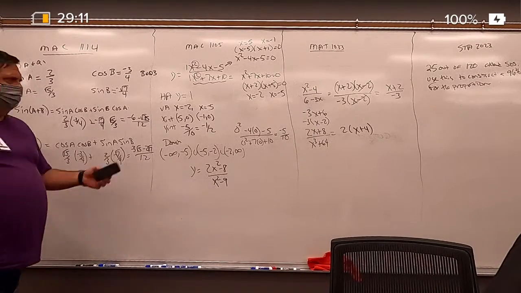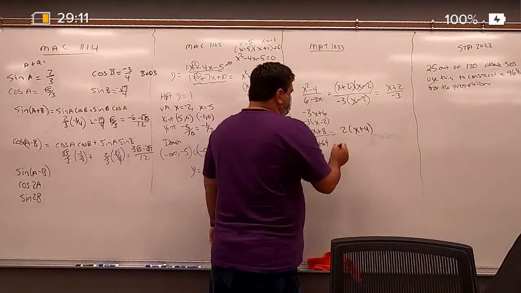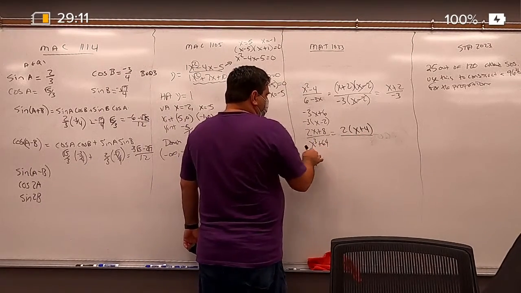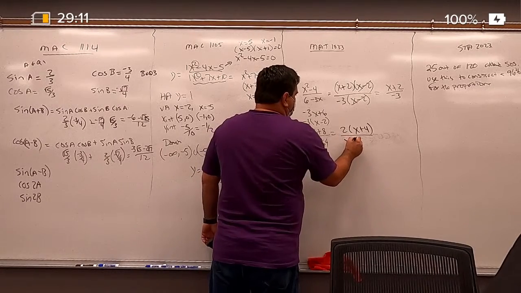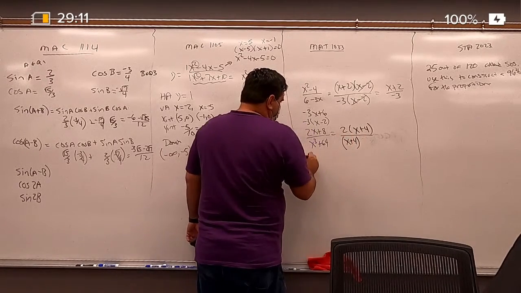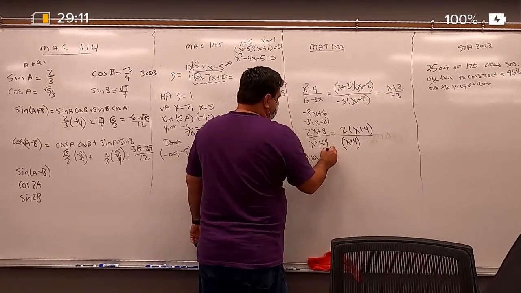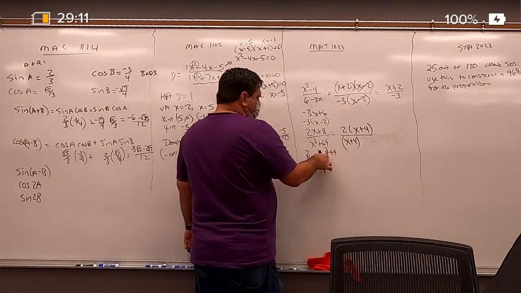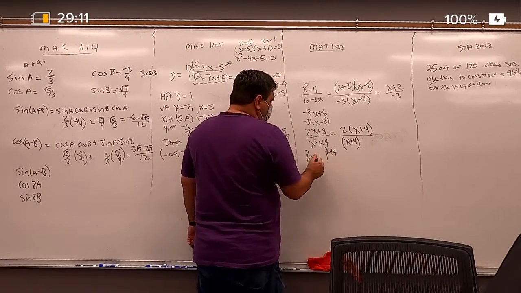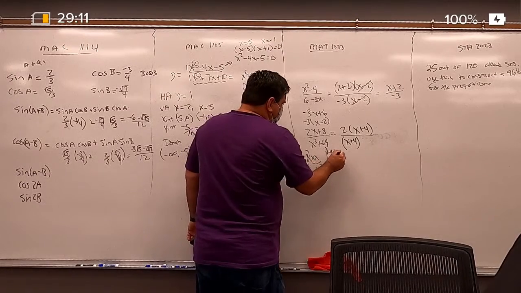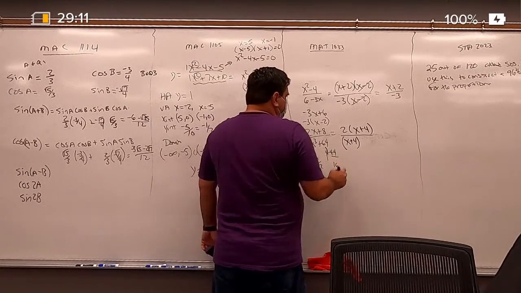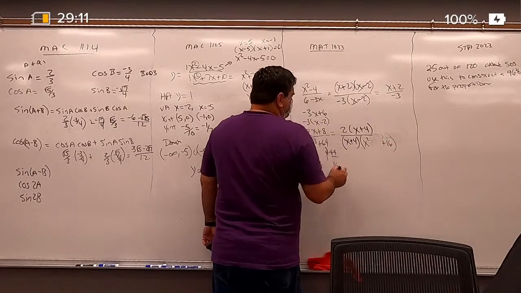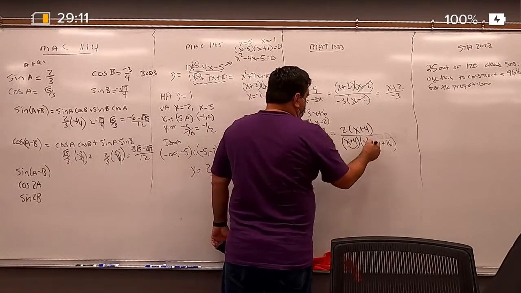Alright? On the bottom, what's common? X plus 4. This is the sum of 2 cubes. It is x plus 4, and then x squared minus 4x plus 16. So we use the x and the 4 to get x plus 4. That leaves us an x squared and a 16. So we got the x squared, we got the 16. Negative 4. We multiply those together and change the sign.